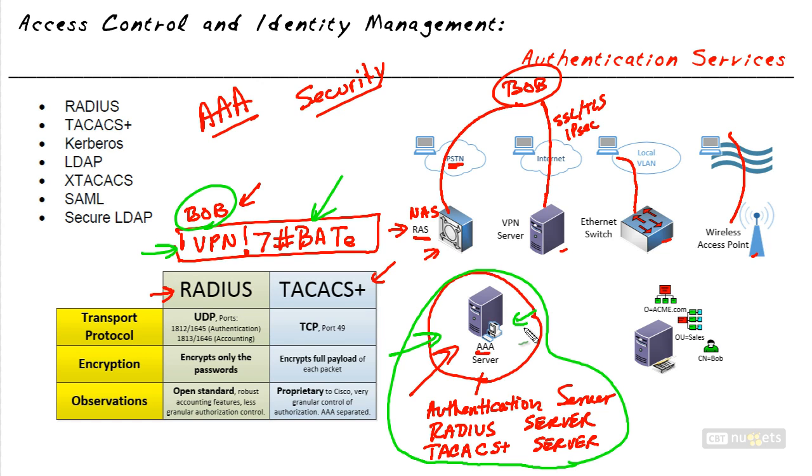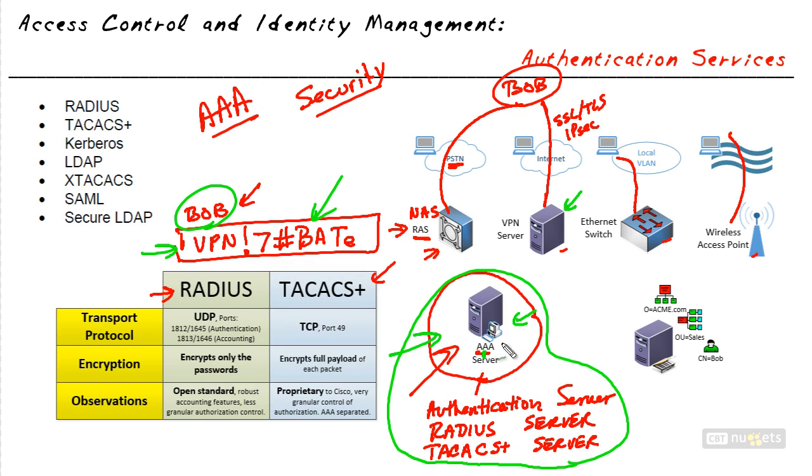On this AAA server, it could be configured that, for Bob, here's his username, here's his password, and if he's coming in through this VPN server device, he's only authorized to use the VPN server for connecting to the network on weekends. So that, my friend, is an example of where this second A comes into play for authorization. It's controlling not just the authentication portion as far as identifying who Bob is, but it's also controlling authorization of what Bob is able to do and when.